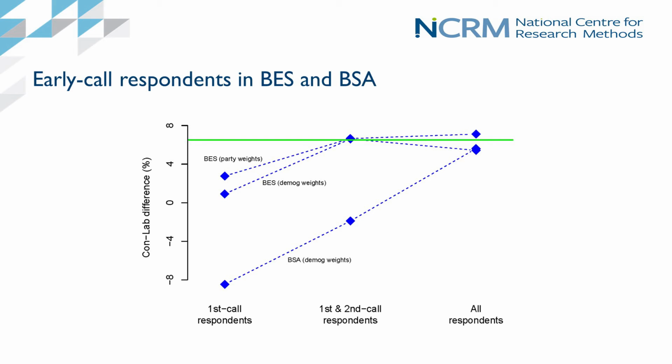BES, a bit closer to the final result, actually Tory lead, depending on the weighting, but nevertheless short of the actual final lead. Whereas if you eventually use all the respondents, then we get those results that we saw even earlier that are close to the final. So here, if you only use those who are immediately reached, things are different.